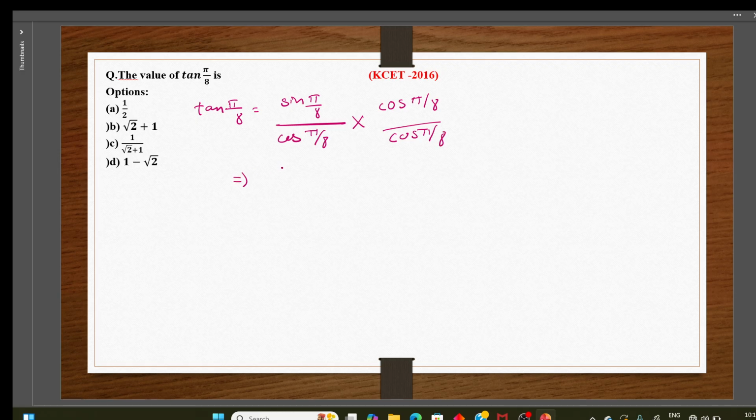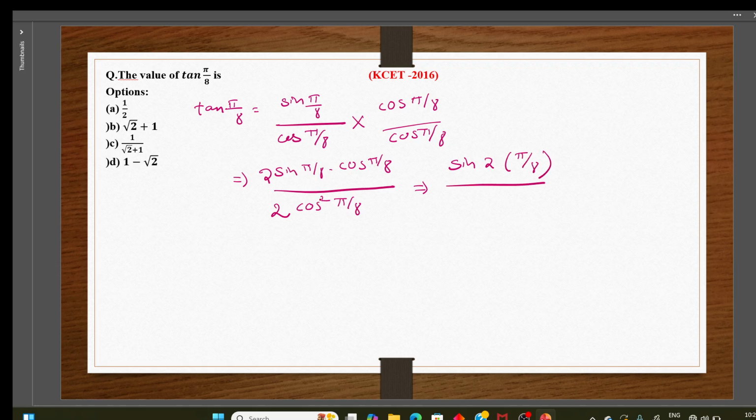We get sin pi by 8 into cos pi by 8 divided by cos square pi by 8. Numerator and denominator multiplied by 2, we get 2 sin theta into cos theta, which is sin 2 theta, by 2 cos square pi by 8.